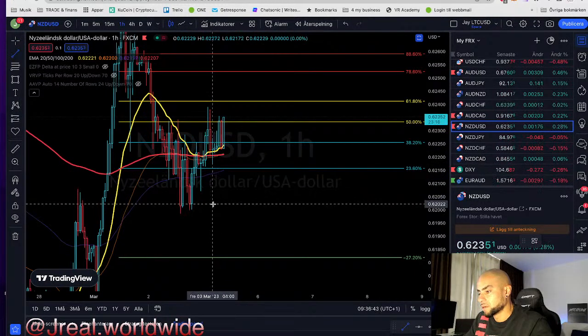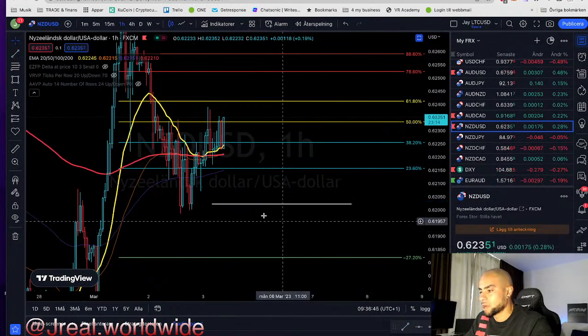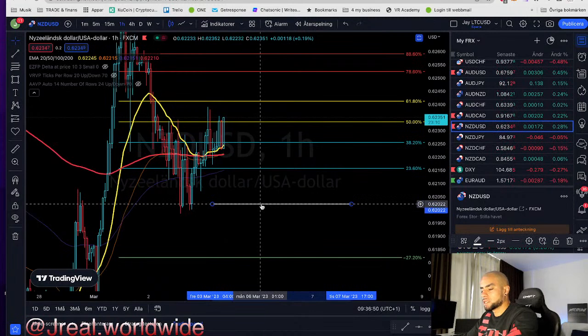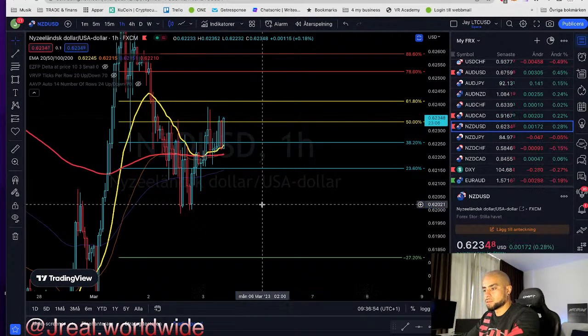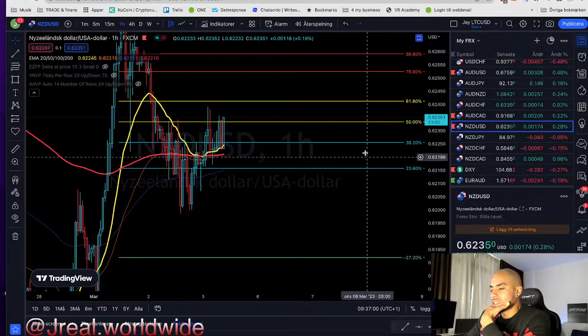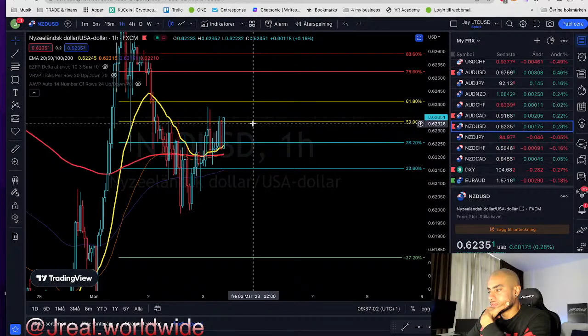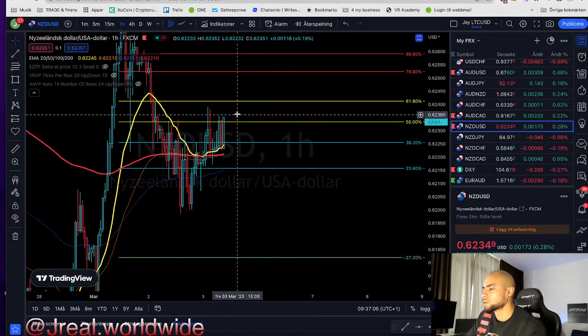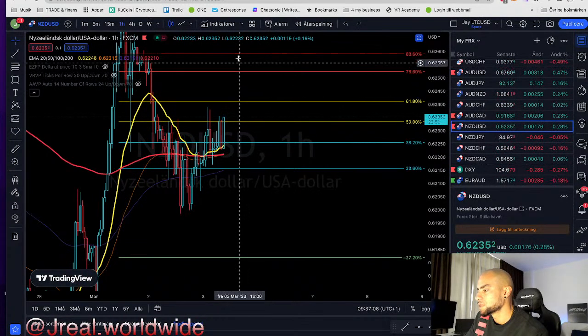I entered down here when the market turned, so I caught the bottom perfectly on this trade. And now we're moving upwards. And you asked me if I see an entry right now: it breaks 0.62750, that's up here.